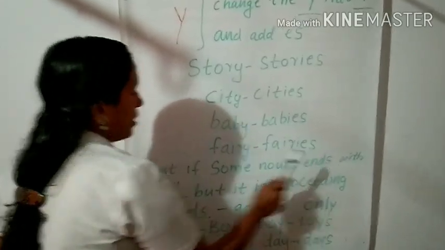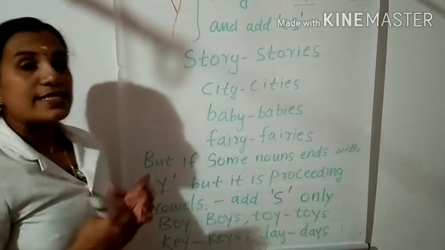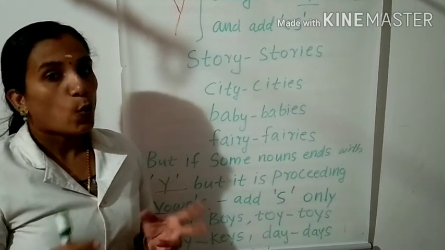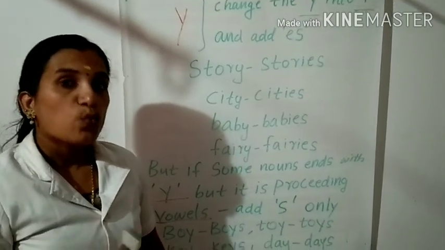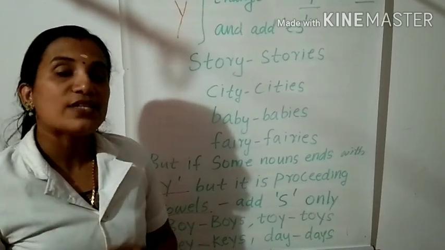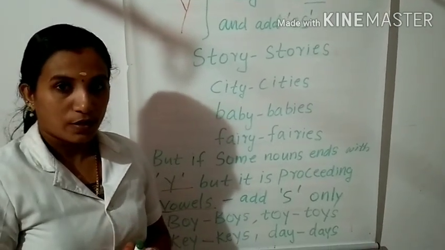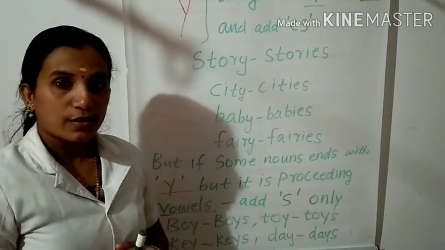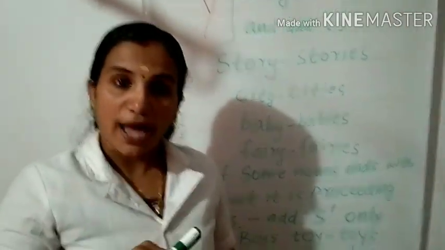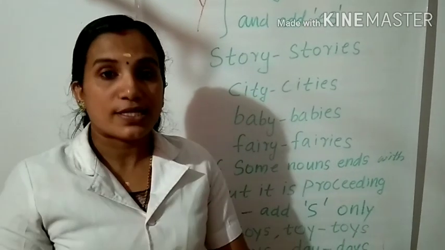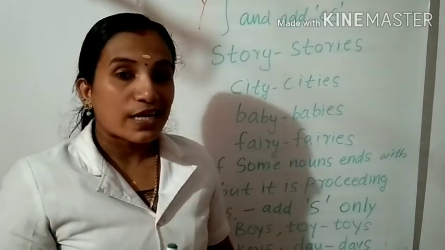Fairy, fairies. But if some nouns end with Y preceded by a vowel, we generally add S to the end of the word. What does preceding mean? That means the noun ends with Y after a vowel. Which are the vowels in English?